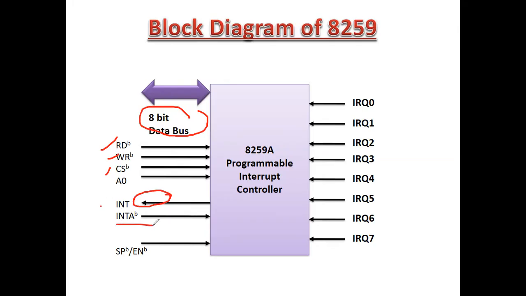This is interrupt acknowledgement, which is an active low signal. Again, these two are active low signals performing a dual purpose, either in buffered mode or master slave mode. And all these are the interrupt request pins.